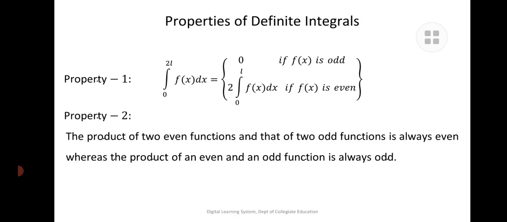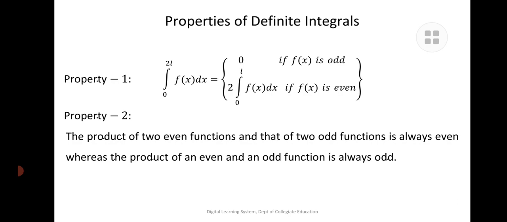And by the properties of the definite integral, we can say something about the nature of the product of functions.